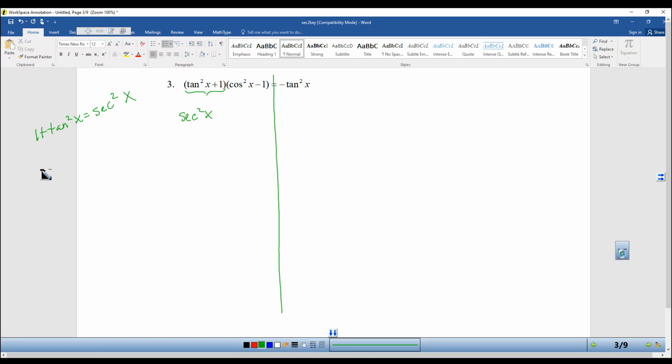Now this one is a little bit trickier. The actual identity is sine squared x plus cosine squared x is equal to 1. So what would cosine squared x minus 1 be? Well, if you want to get that form, you can either have all the different forms written on your appendix, or you can replace the 1 with sine squared plus cosine squared.